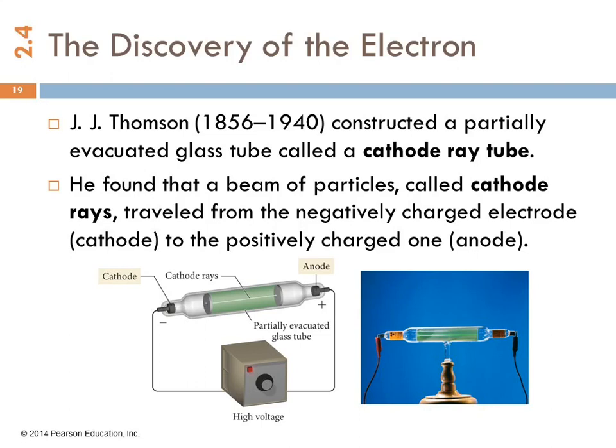It bears some resemblance to a fluorescent light. So we've got some gas in here and a high voltage going across. And what happens is you get a beam of light that passes from one electrode to the other. So a beam of particles called cathode rays went from the negatively charged electrode to the positively charged one.